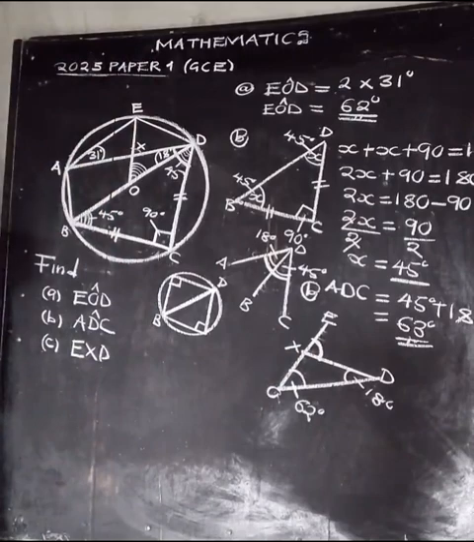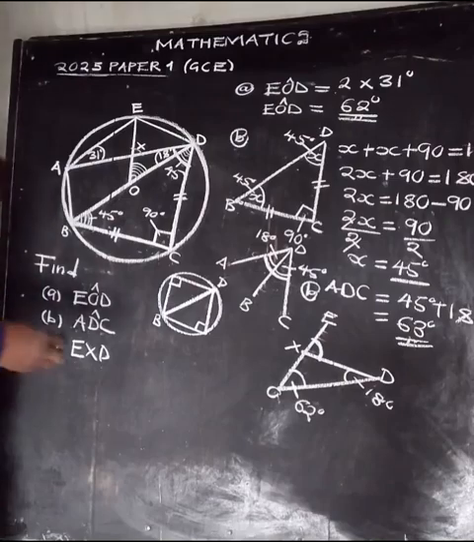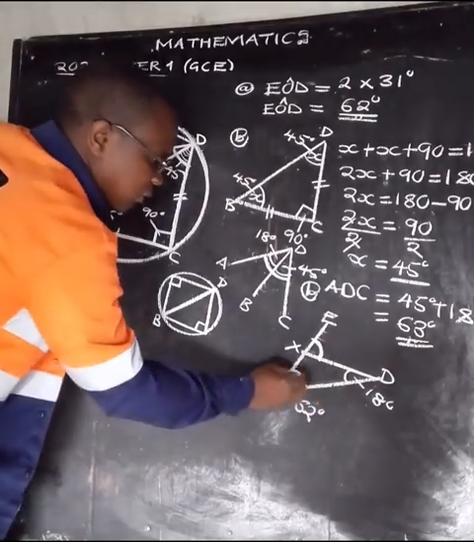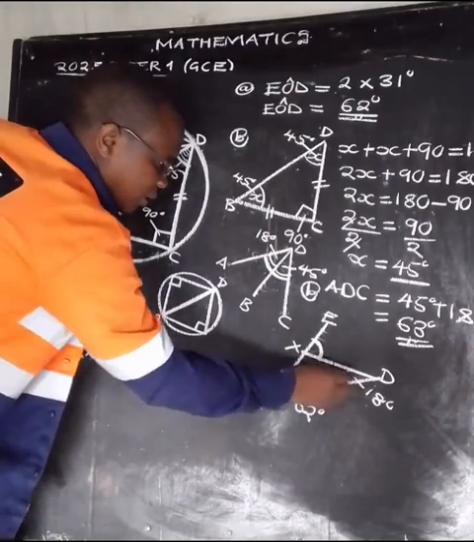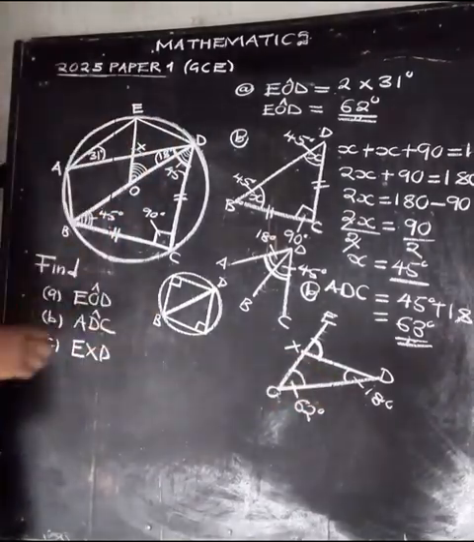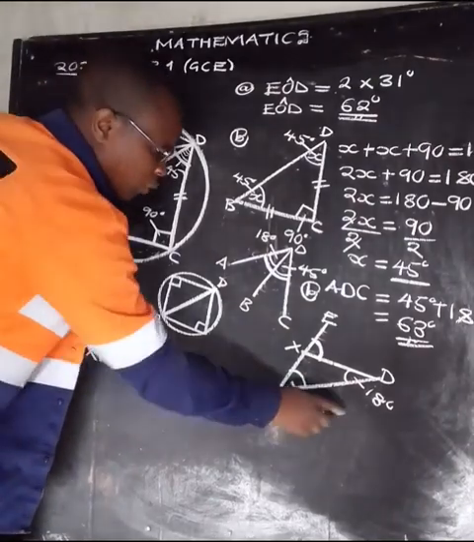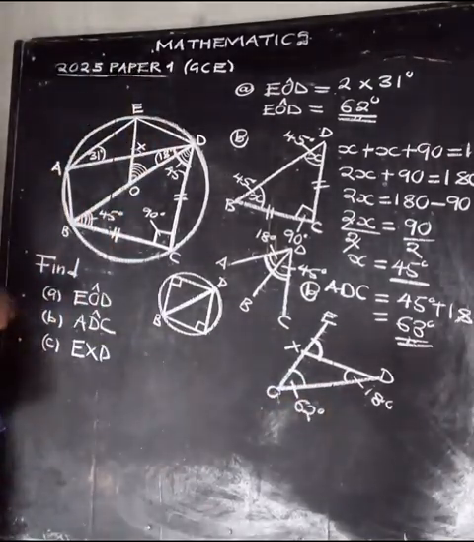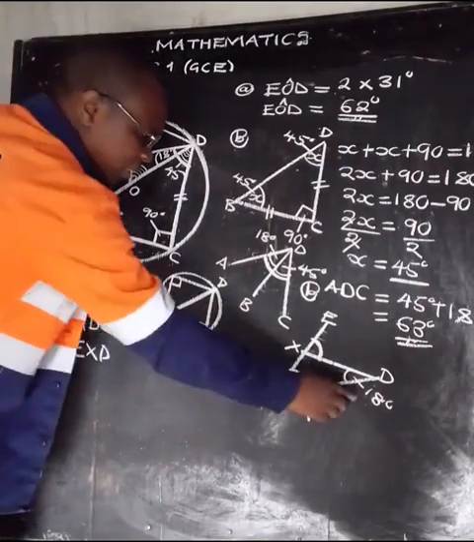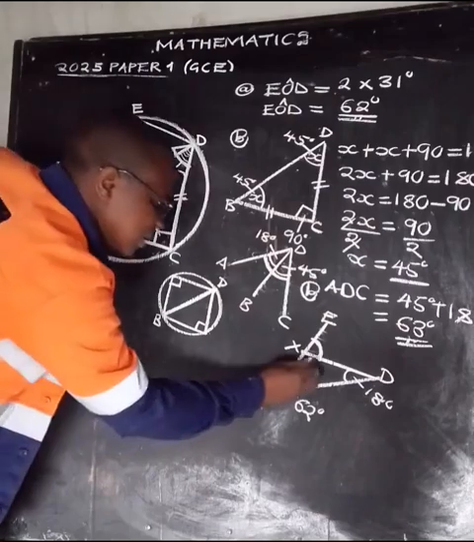Now, for us to find this angle, we know that angles in a triangle add up to 180. So out of 180, we have a 62, we also have an 18. So first, let's find this angle.